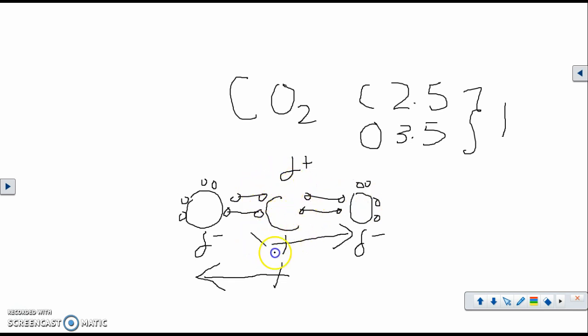What happens is there is actually no net dipole moment. If you stack these dipole moments on top of each other, they cancel each other out. That is why this is a nonpolar molecule. So geometry makes a big impact on polarity in this case. Okay.